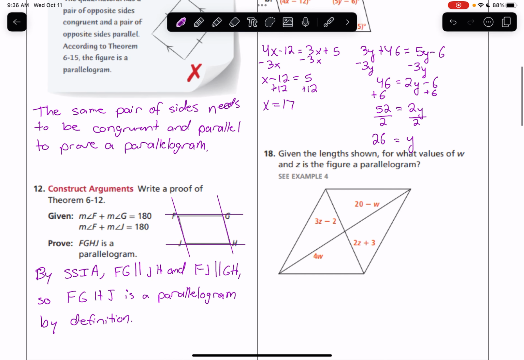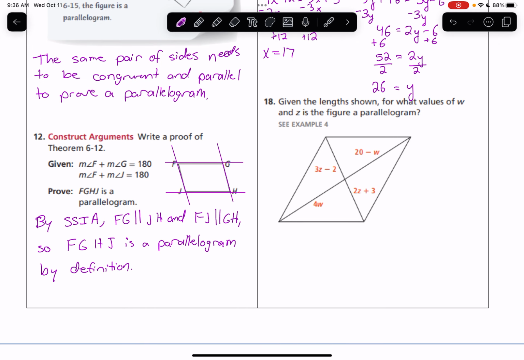Number 18, given the lengths shown, for what values of w and z is the figure a parallelogram? Again, same idea. The diagonals of a parallelogram bisect one another. So 3z minus 2 equals 2z plus 3.